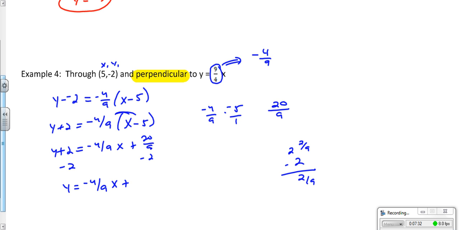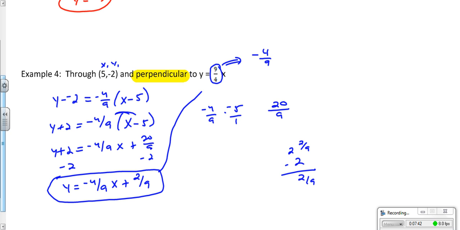So plus 2/9. And that would be your answer in slope-intercept form. And that line is perpendicular to this line and goes through that coordinate. So again, perpendicular meaning here's one line, here's the other. They create a right angle.